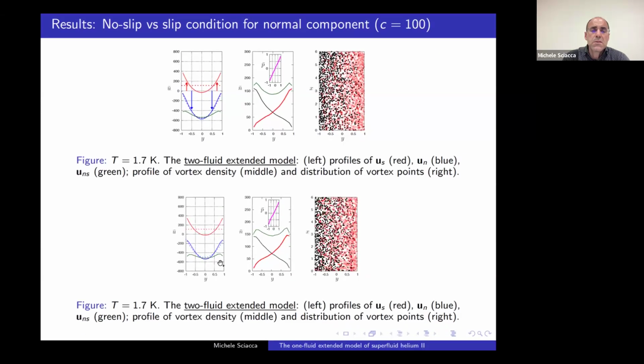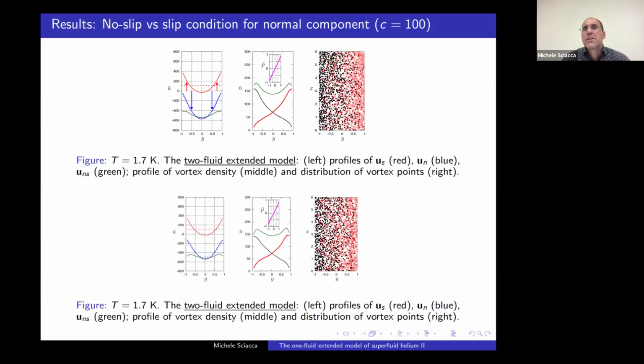We want to stress that the green line, in both experiments, is the profile of the field UNS. The profile of UNS is in green in both experiments, and is quite flattened.